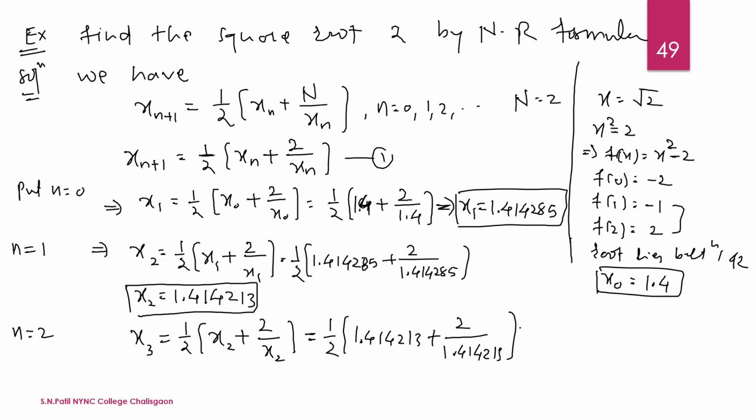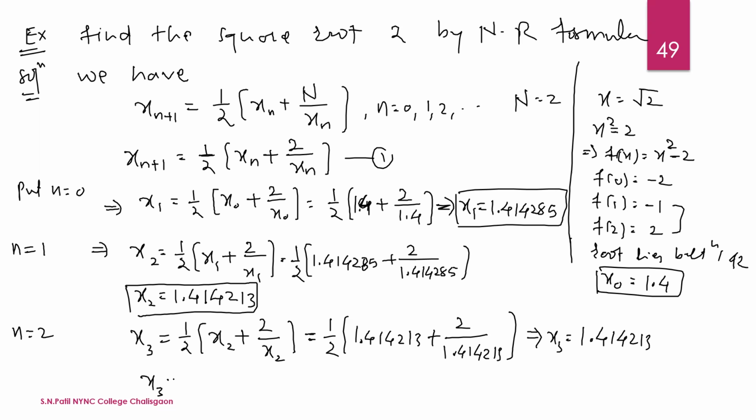We get x3 is equal to 1.414213. So the value is repeated here.